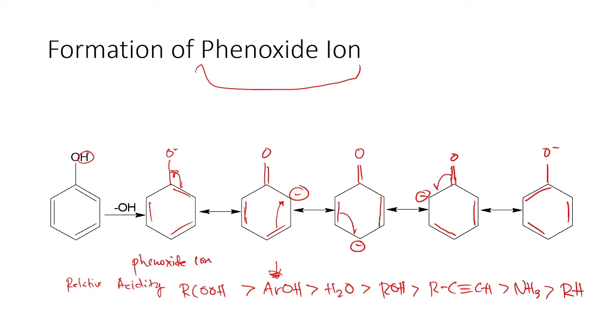Bakit kaya acidic yung ating phenoxide ion? This is due to the stability of the benzene ring itself. So, dahil dun sa pagiging stable ng ating benzene ring, kasi yung benzene ring na yan ay stable kasi due to that stability, the phenol or phenoxide ion has greater tendency to retain its ion form.